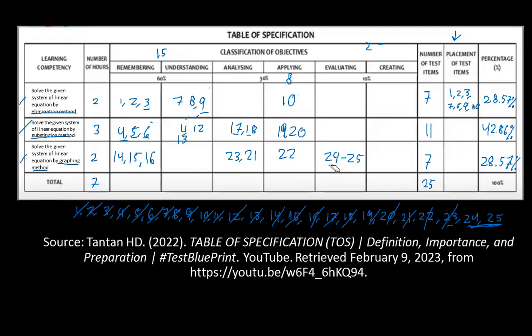Okay. Kasi dito sa table of specification, 'di ba, mayroong mga remembering, understanding, analyzing, applying. So dito, syempre dapat depende 'yan sa anong gagawin mong instruction. Sa pag-remembering ba, ano kaya pwede kong gawin dito? 'Di ba kasi ang learning competencies ko is about solving a given system of linear equation by elimination method, substitution method, at graphing method.